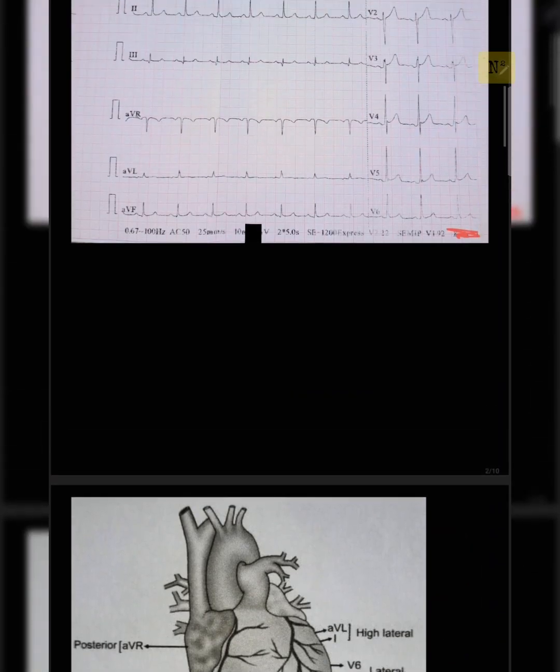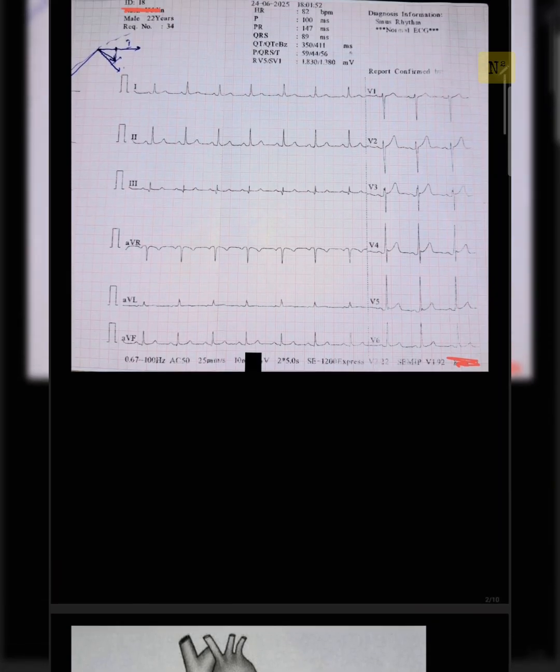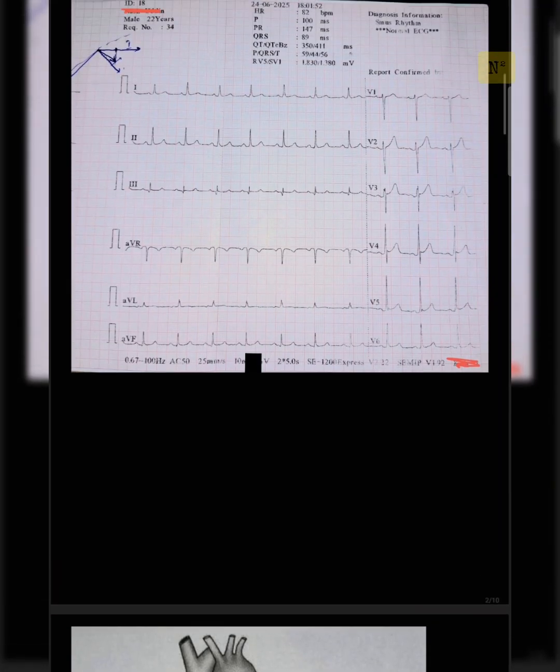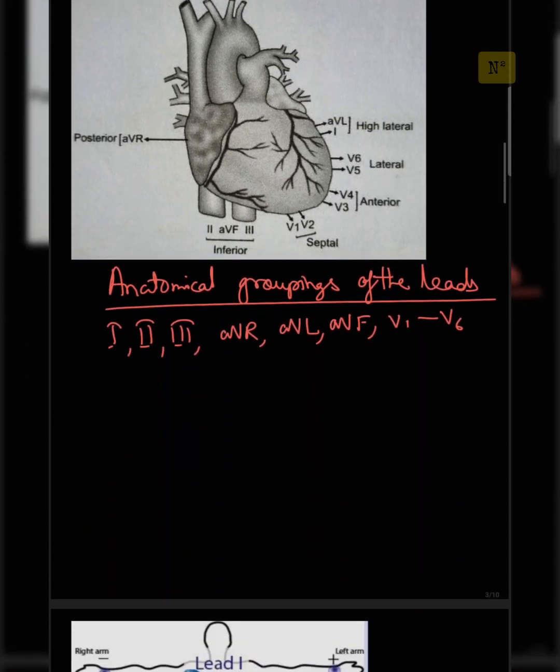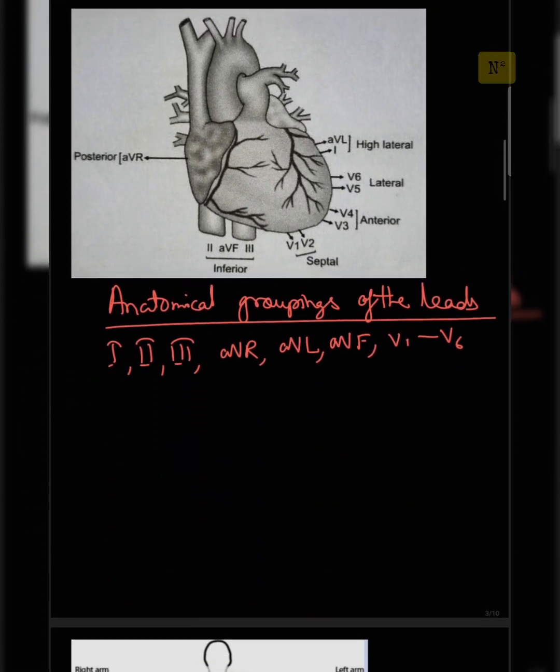All these rhythm strips, we as physicians should know how they look, and if there is some abnormality detected in one or two leads or a few other leads, then how to interpret the result with respect to the anatomical position of the pathology. For that we should know the nomenclature of the leads with respect to that of the part of the heart.